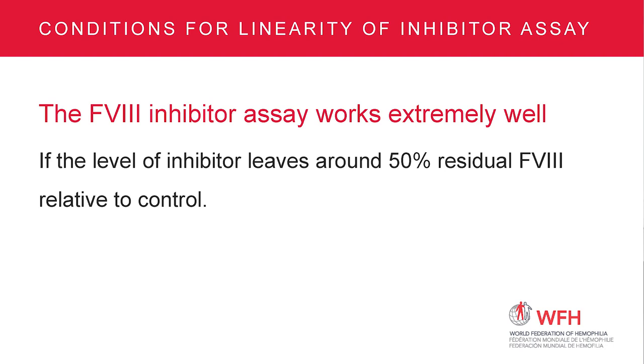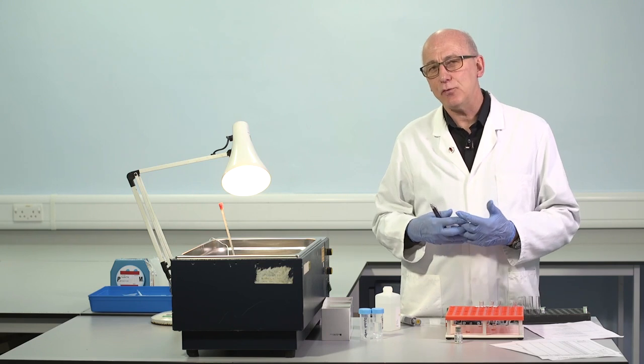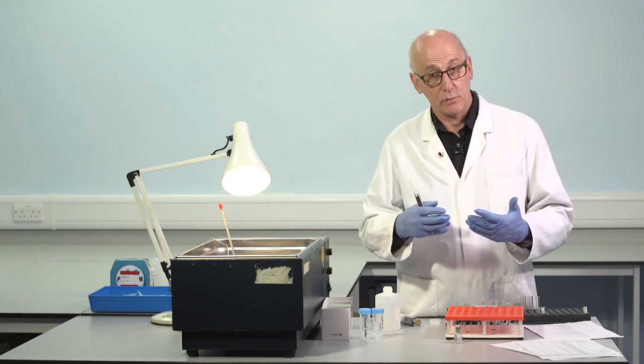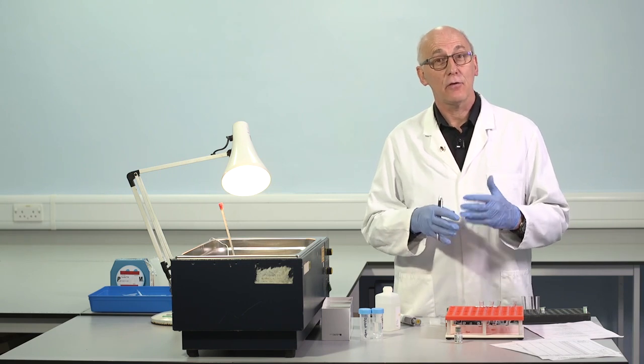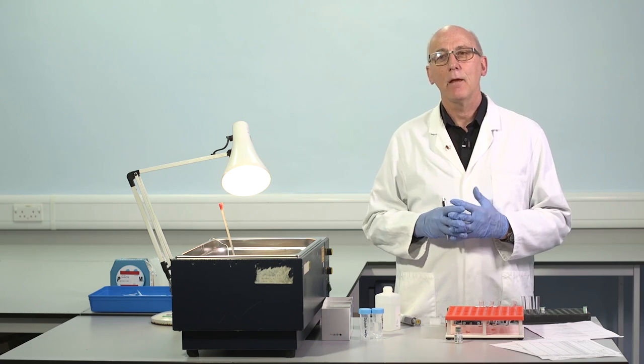So we know that the assay works extremely well if the level of inhibitor leaves somewhere around 50% residual factor VIII relative to control. And so we really want to construct our initial dilutions in order to create something which will leave somewhere around 50% residual factor VIII.